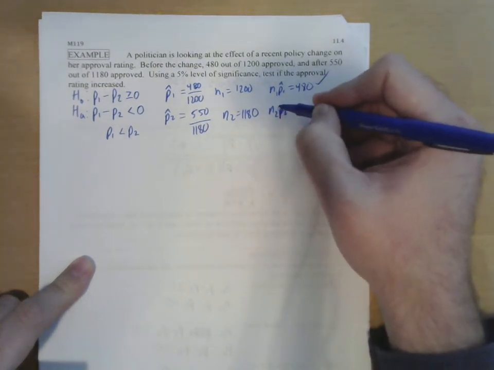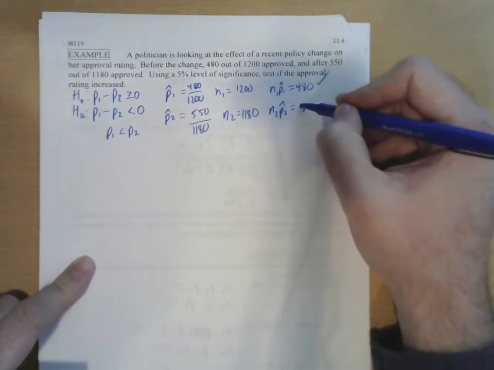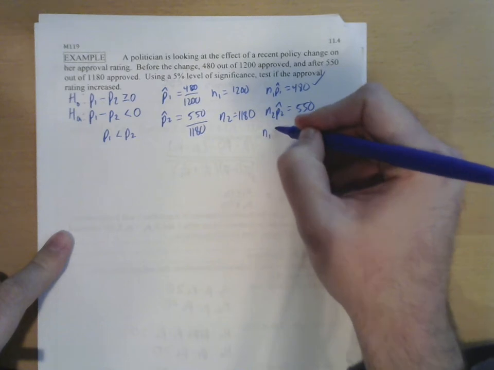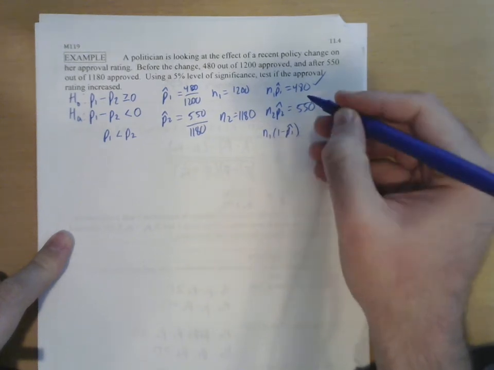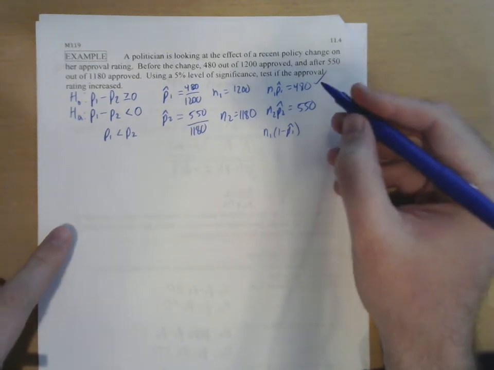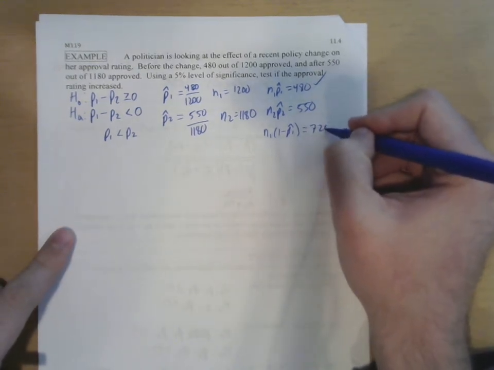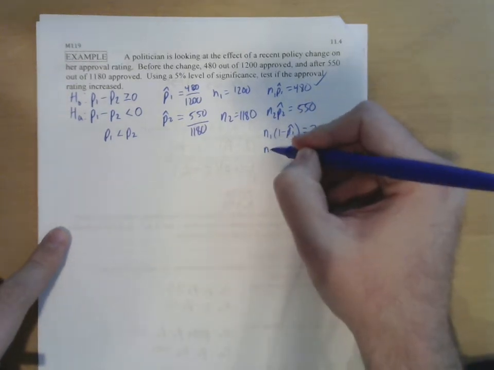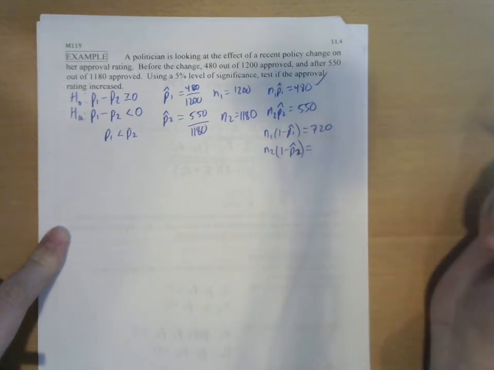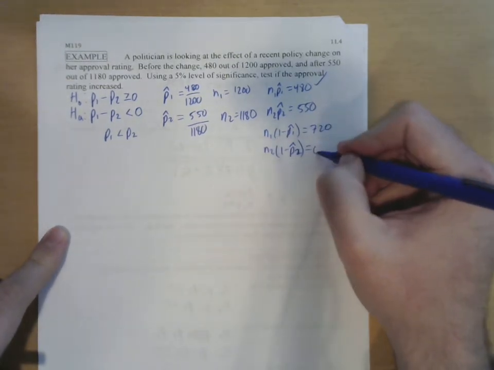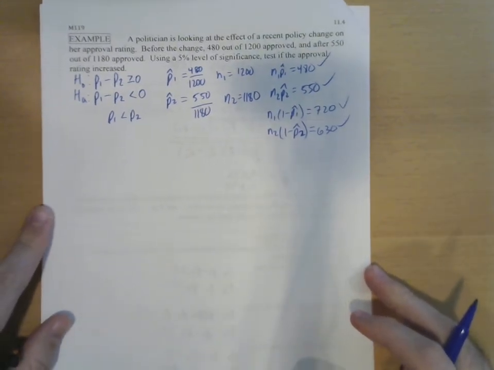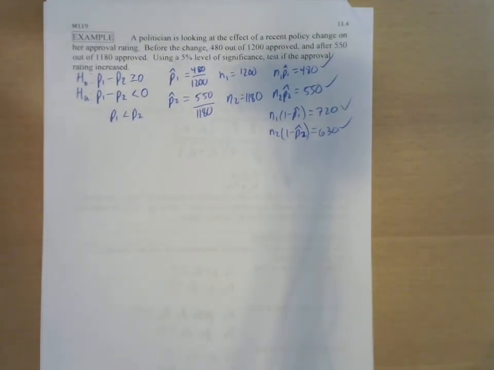N2 P2 hat is going to be 550. And we're going to shortcut this a little bit. N1 times 1 minus P1 hat is just the opposite of 480, which is 720, to add up to 1200. And N2 times 1 minus P2 hat is the difference between 550 and 1180, which is 630. All of these are bigger than 5, so we are okay to continue.